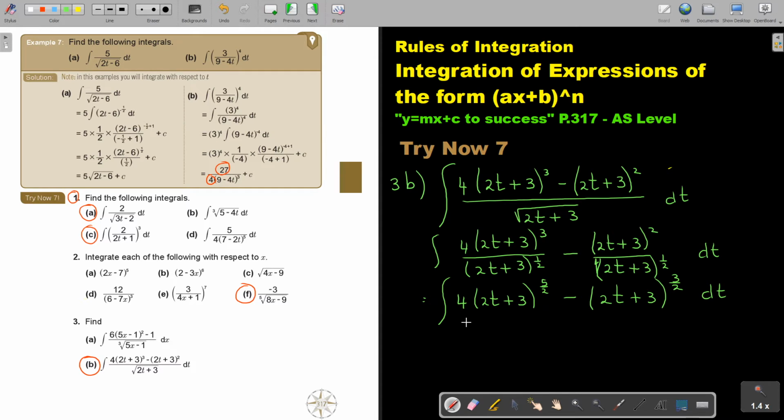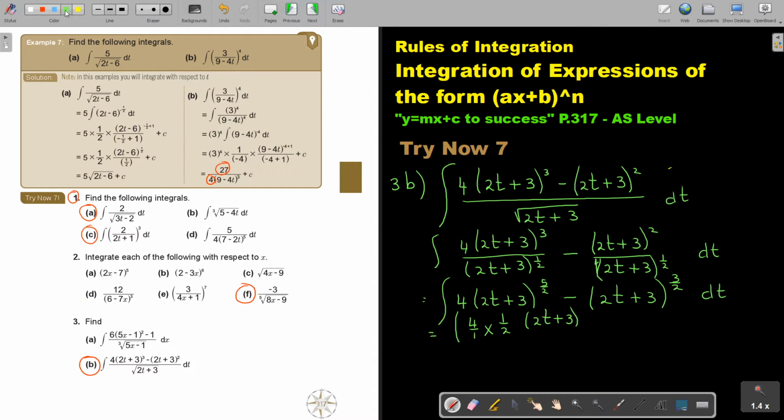So the 4 can be in front, but it's not necessary. I'm going to just put it in brackets now, just to help you a little bit. So make it 4/1, multiply with this reciprocal, 1/2. Bracket, no, let's just make the bracket a bit smaller because it's a fraction. So this is going to be 2t plus 3.